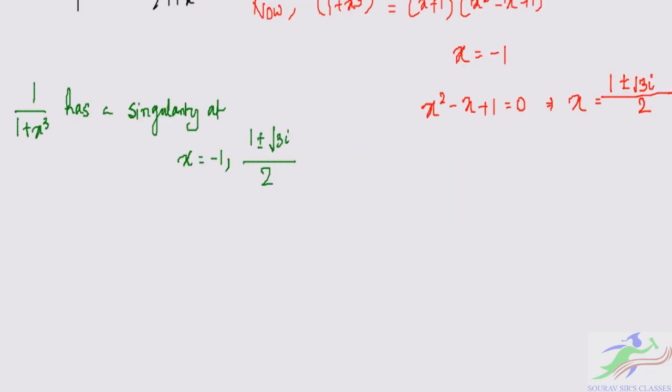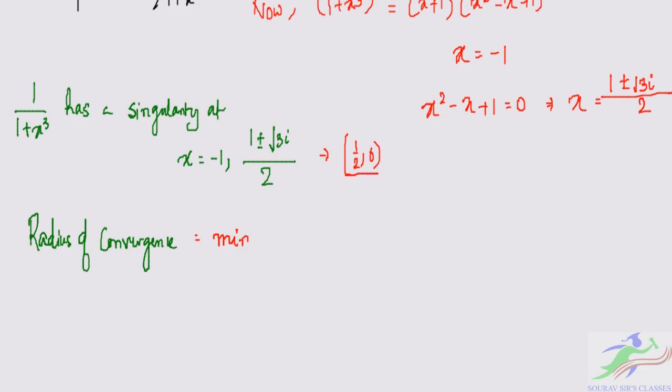We have given this the name ROC, which means the region of convergence, but we will write it as the radius of convergence. So what will be the radius of convergence? It will be the minimum of the distances from the center, half comma 0, to the points minus 1 comma 0, 1 plus root 3 i by 2, and 1 minus root 3 i by 2.